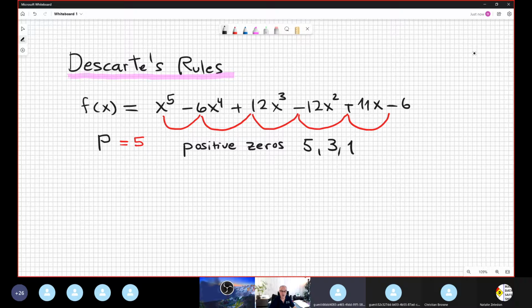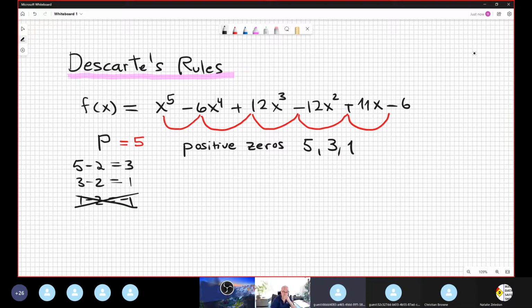Entonces now, where do 3 and 1 come from? You're subtracting. 5 minus 2 is 3, and 3 minus 2 is 1. And 1 minus 2, bueno, is negative 1, which makes no sense. So you determine how many changes of sign we have in the polynomial, five, and you subtract 2 several times until you get a positive number.